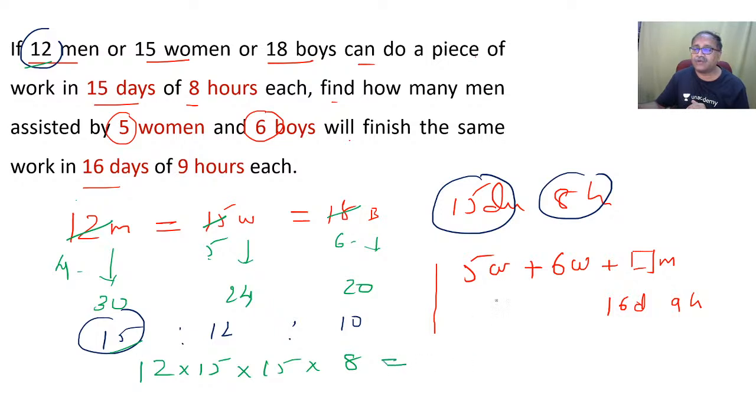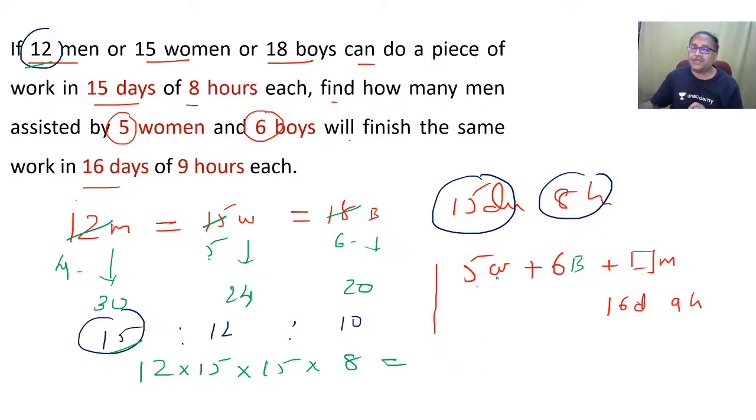So which is equal to 5 women. And what is 1 woman's efficiency? 12. So 12 into 5, plus 6 boys. Each boy has an efficiency of 10, so 6 boys is 60. Did I make any mistake over here?